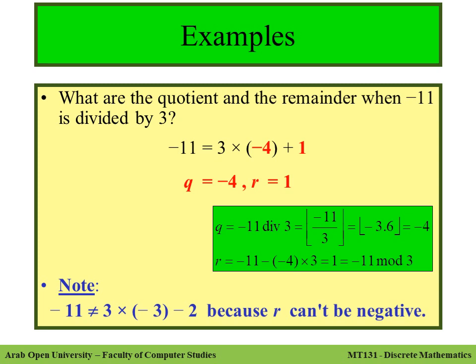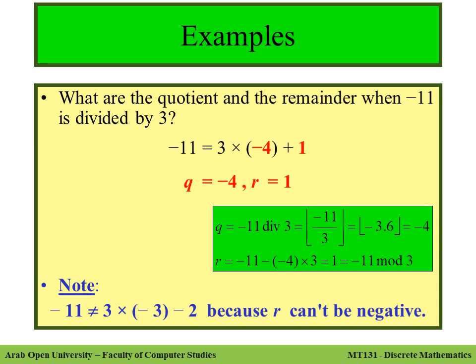Here is the quotient and remainder using the floor function. Q, which is the quotient, is minus 11 div 3. This is the floor of minus 11 divided by 3. This is the floor of minus 3.6.